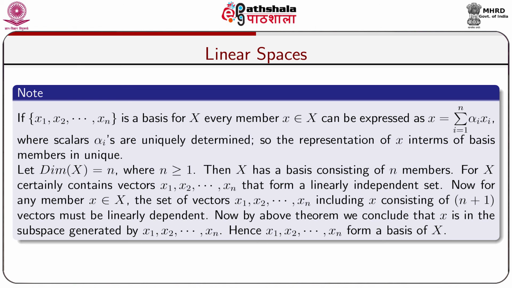Now for any member x belonging to X, the set of vectors x1, x2, ..., xn including the vector x, consisting of n plus 1 vectors, must be linearly dependent. So we conclude that x is in the subspace generated by x1, x2, ..., xn by the earlier result. Hence x1, x2, ..., xn form a basis of X.